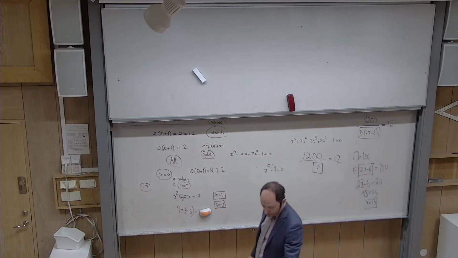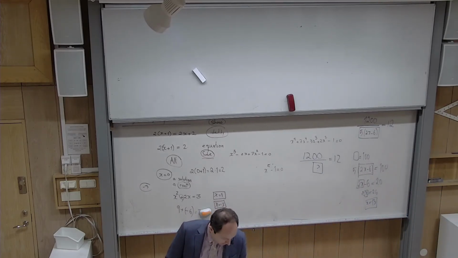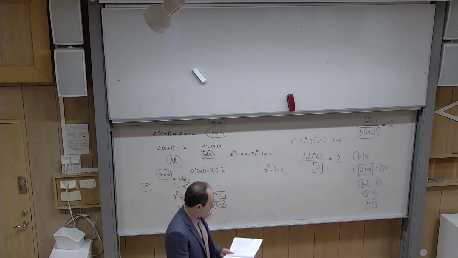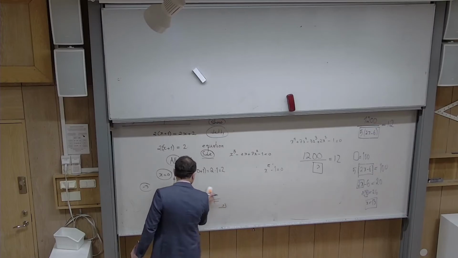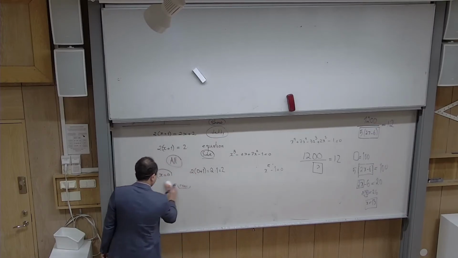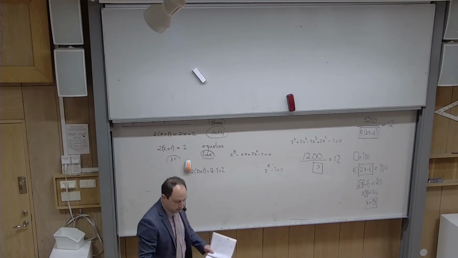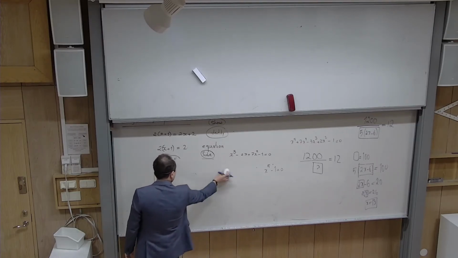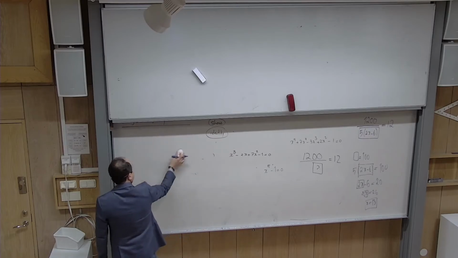So let me give you another example. Let me choose it myself, okay? They are more or less repeating the same thing over and over again. So, for example, let me ask you this question.